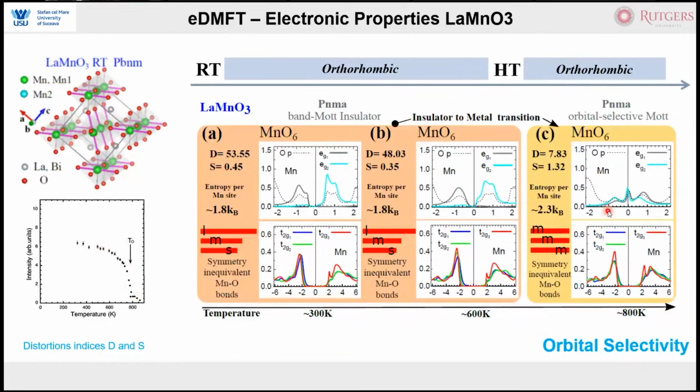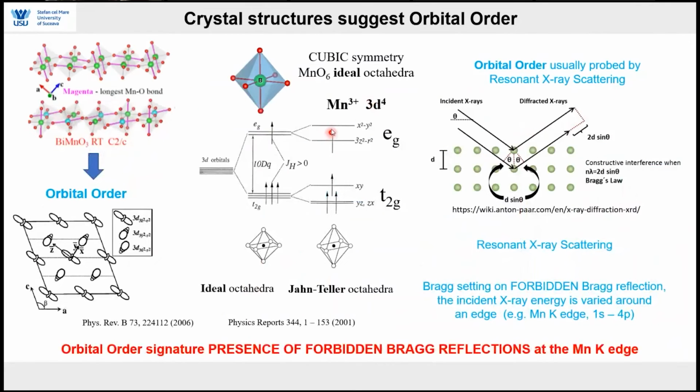This was sort of expected. I expected to find a metal, because if I kill the orbital order, I'm killing this distortion. If I kill the distortion, I have 1 electron in 2 levels. The system has to be metallic.